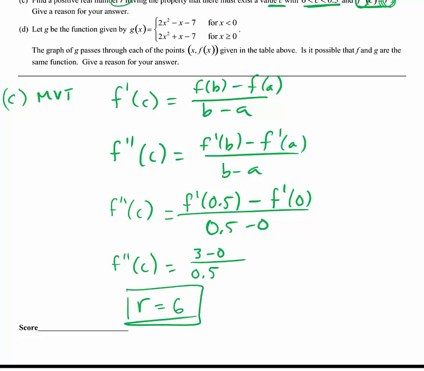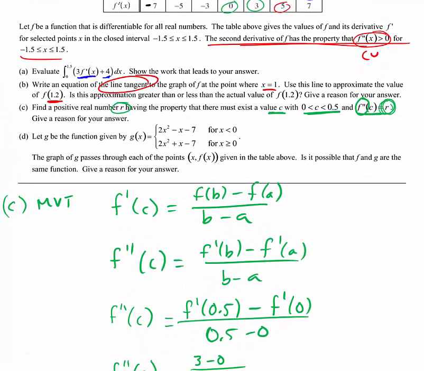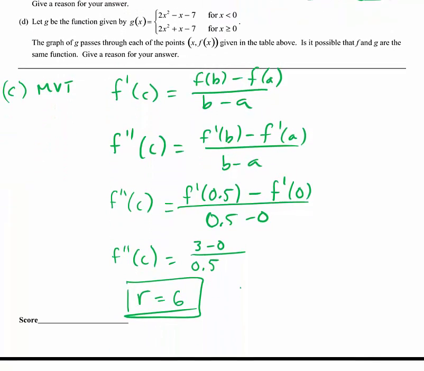So there's that. Our reason, it says give a reason for your answer, is this did say it was differentiable. So our reason is the mean value theorem: f is continuous and differentiable. So that's kind of that.